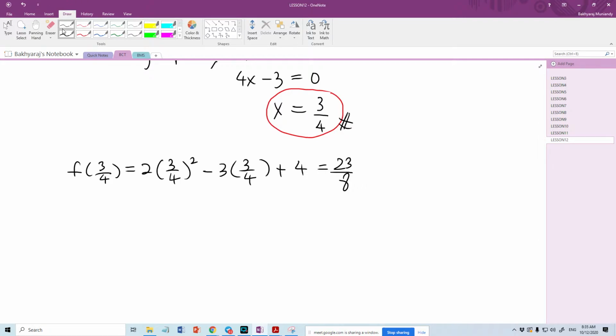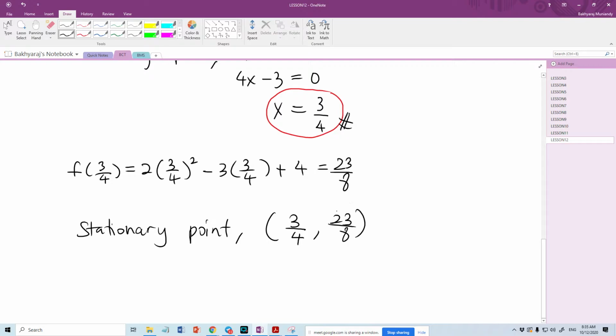Actually what you have is the stationary point. We already have the stationary point. So the stationary point is actually (3/4, 23/8). So we have the first stationary point.